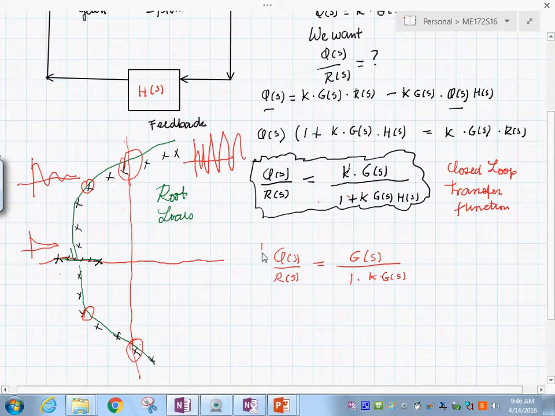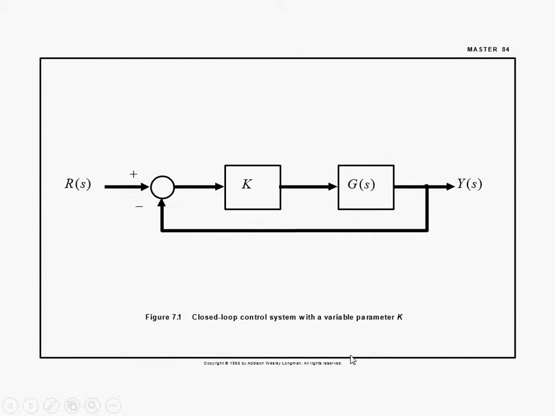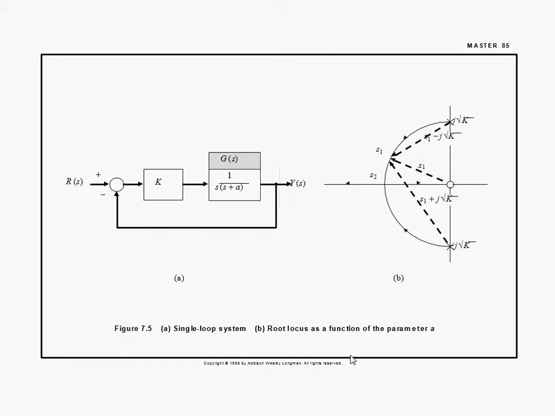This would be the transfer function of the system that I just showed you. See? So we are going to be experimenting and seeing what happens when we change k from 1 to infinity.